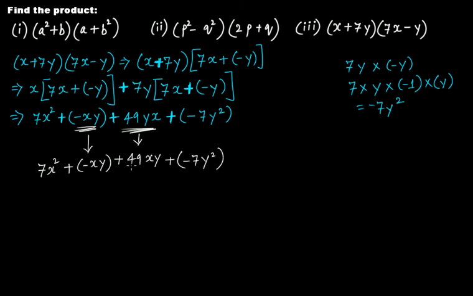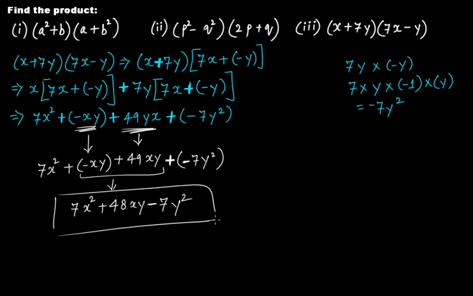Okay, 49, this is minus xy, so these two are like terms. This is actually minus 1. So 49 minus 1 is 48. So this gives 48xy plus 7x squared. Now this is plus, this is minus, therefore minus 7y squared. So this is your answer.